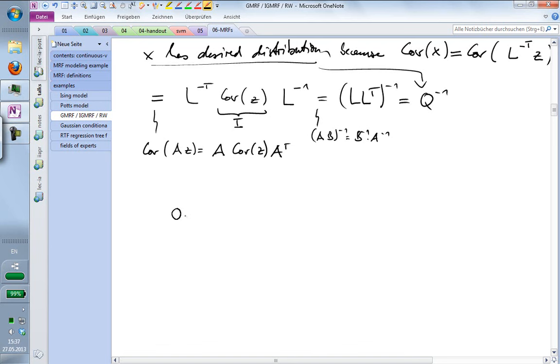So let's say if we were plotting time series, then I could use such a chain of random variables, and if I'm looking at the precision matrix here, let me try and draw it graphically.